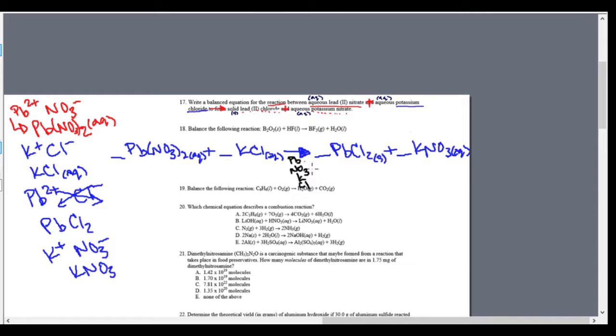So when we go ahead and put these in, actually, give me like 2 seconds. Let me fix this that I'm doing here. Okay, so we have Pb, NO3, K, and then Cl.